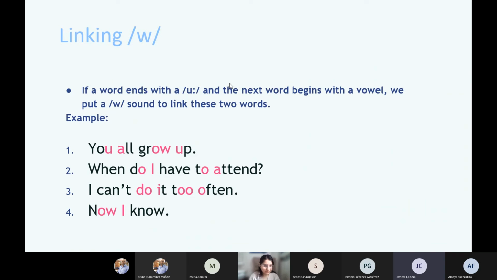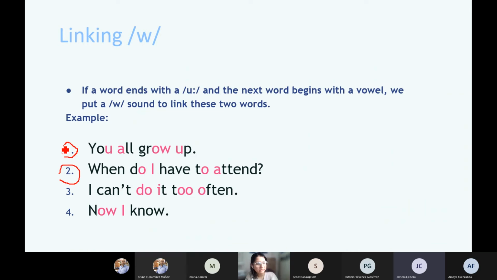So now, Sebastian, can you pronounce the examples, please? The first two ones.